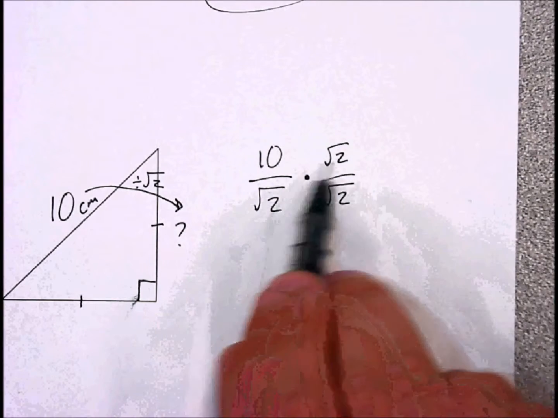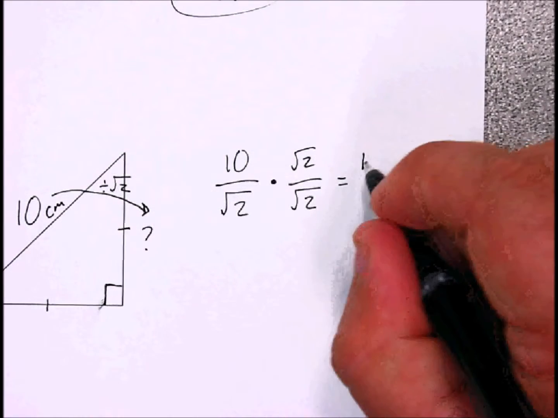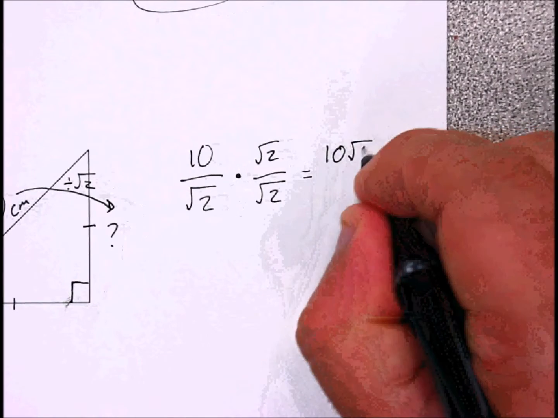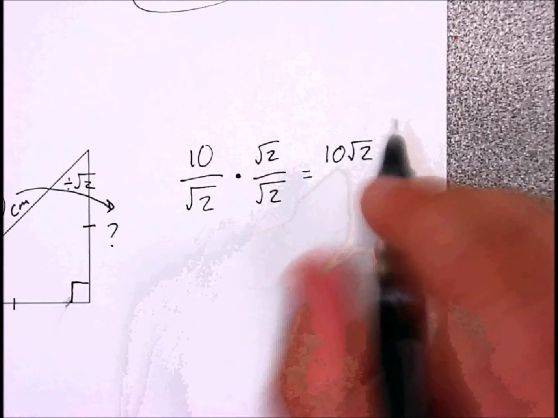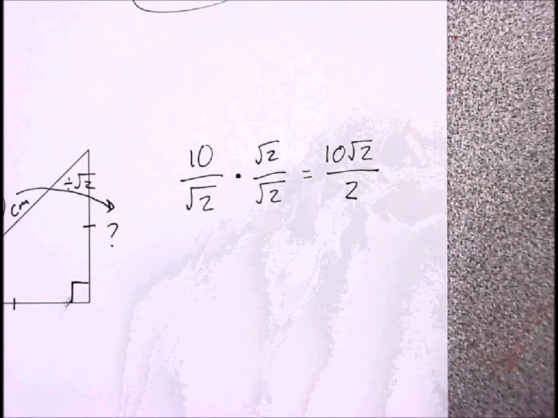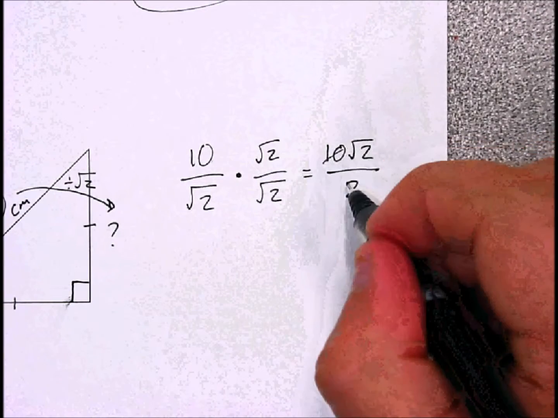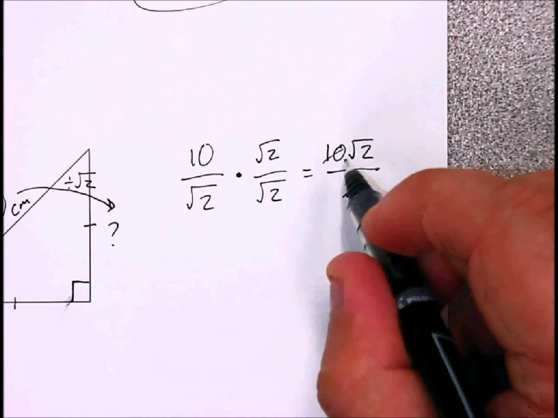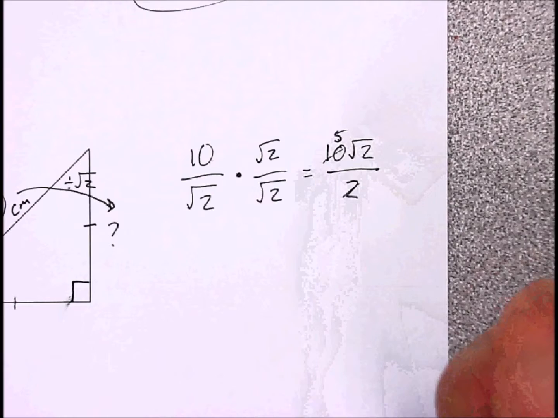And by doing this, when I multiply these two fractions, I'm going to end up with 10 square root 2 when I multiply the numerators, and square root 2 times square root 2 is 2. So, and then this 10 and this 2 are going to reduce, and I'll end up with a 5 here. 5 times the square root of 2.